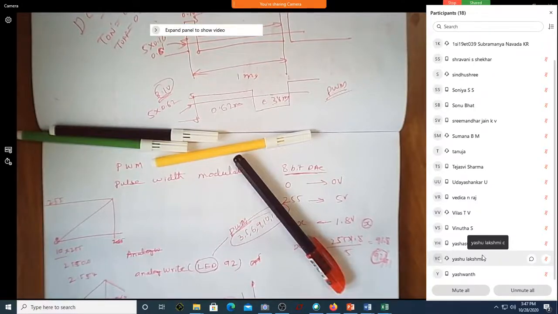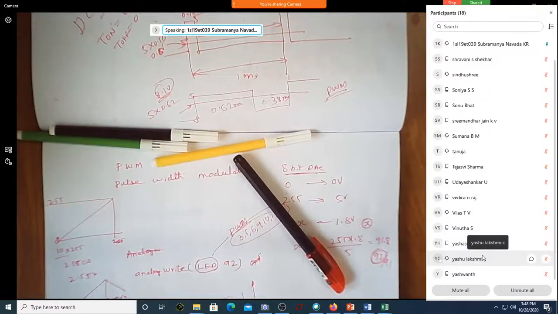You have these digital IOs, and pin mode is used only for digital IOs because they can be input or output. Whereas A0 to A6 need not be defined because they are exclusively inputs. Did we ever define A0 as input? No, sir. The microcontroller knows that it's an input.